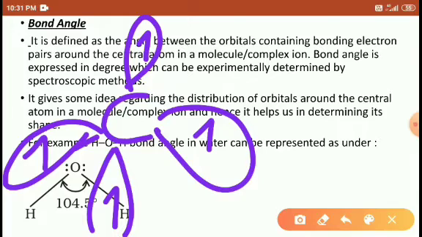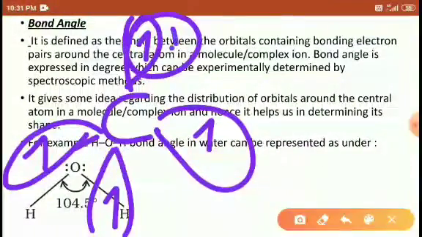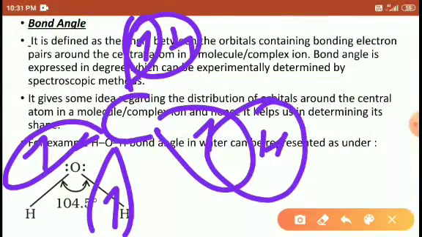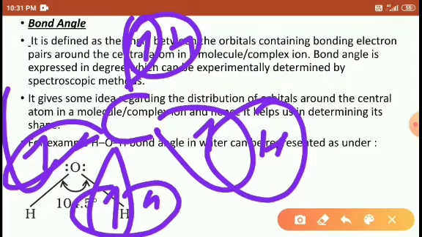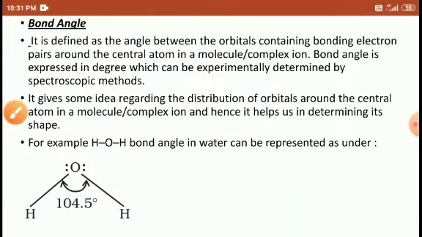So when the carbon bonds with one hydrogen here, a second hydrogen here, a third hydrogen here, and a fourth hydrogen here, what is the distance from this orbital to the next orbital? This is what we call a bond angle.